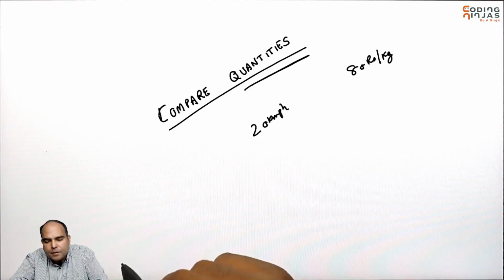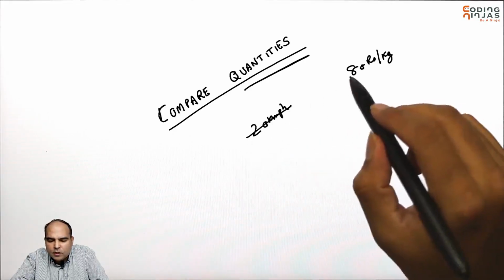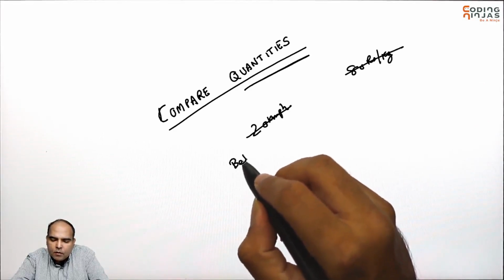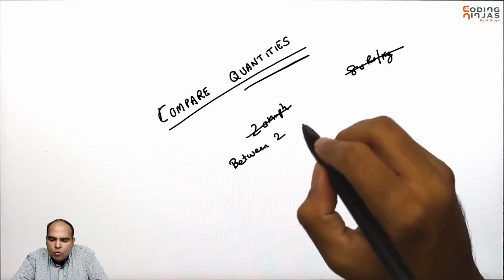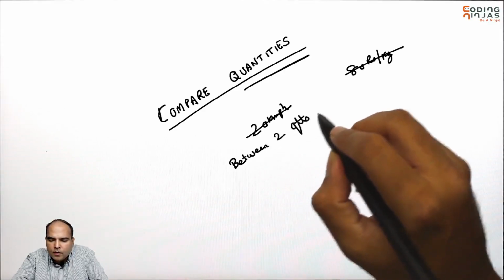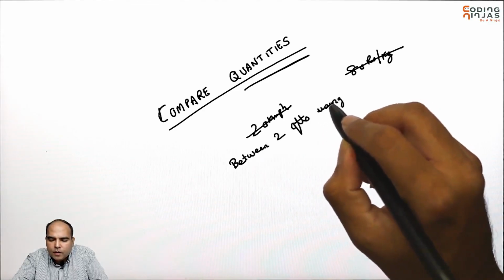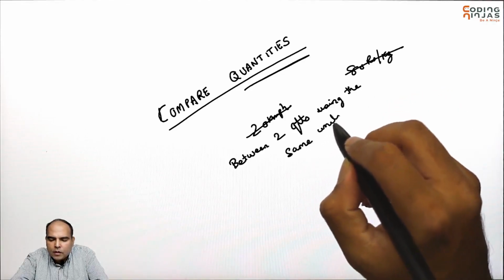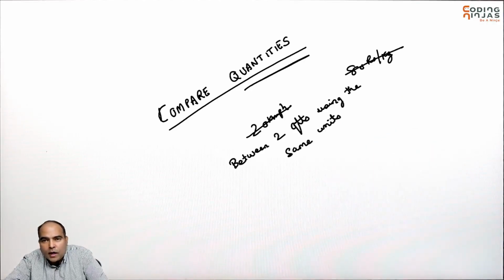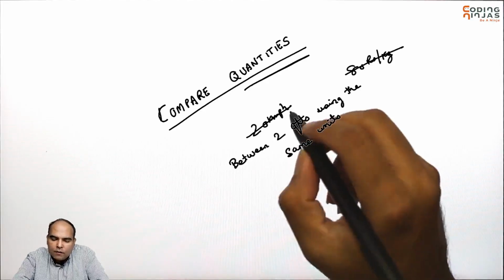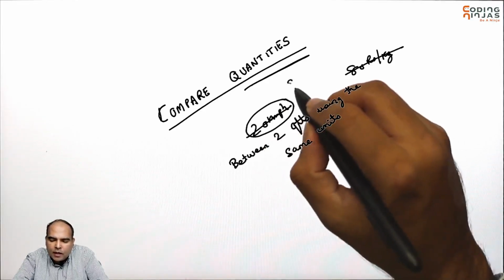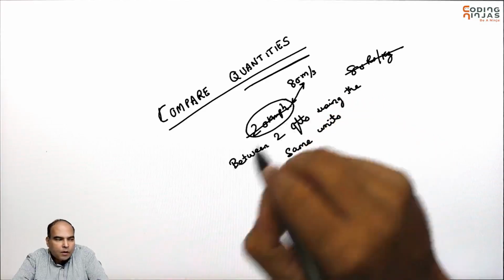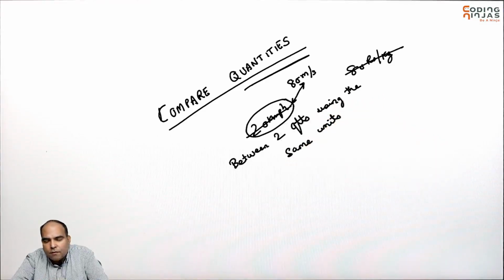So when you are comparing quantities, you are always comparing two quantities using the same unit. Just like you can't compare 20 kilometers per hour and 80 rupees a kg, you can't even compare 20 kilometers per hour with 80 meters per second, because the comparison doesn't work here, even though both are speeds.